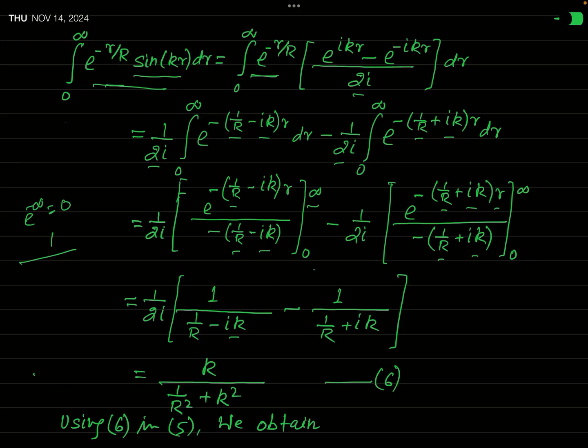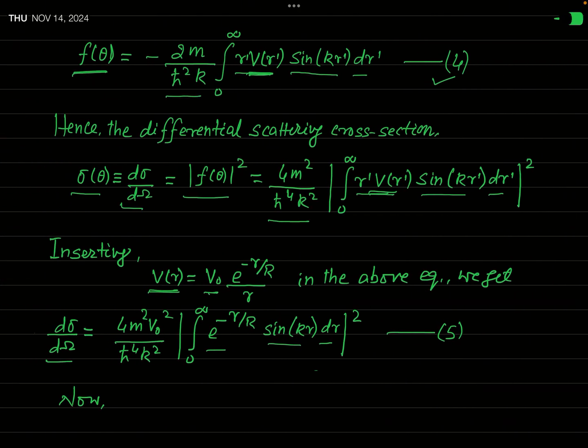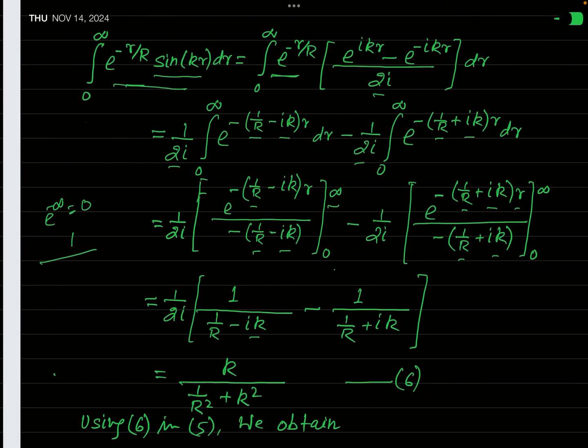Now, after getting the value of this integral, let us put this value in equation 5 to get the value of the differential scattering cross section. Apart from this integral, the multiplicative factor in equation 5 for the expression of dσ/dΩ is 4m² v₀² over ħ⁴ times κ².